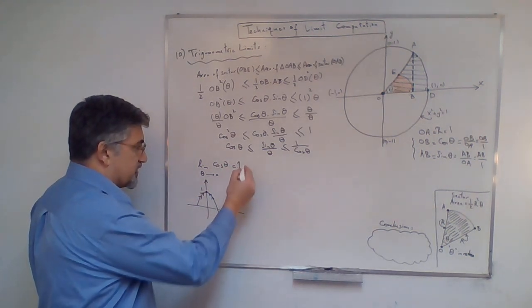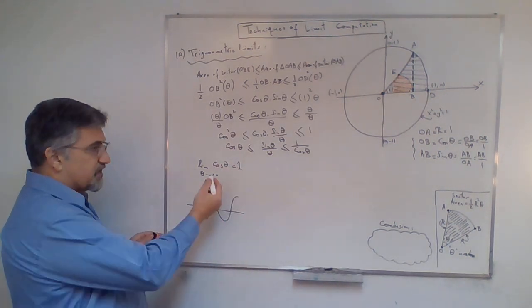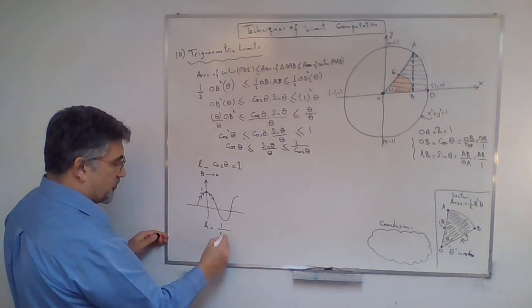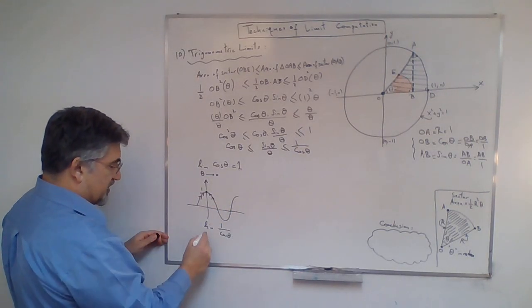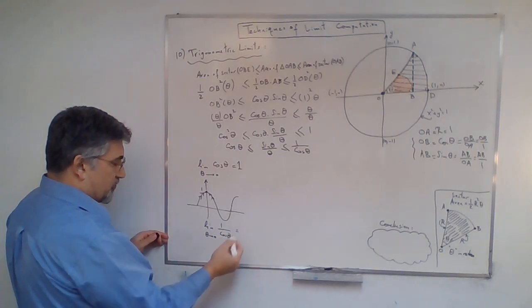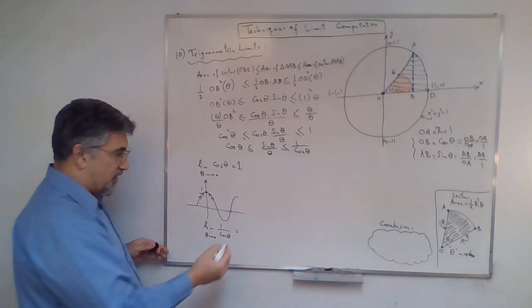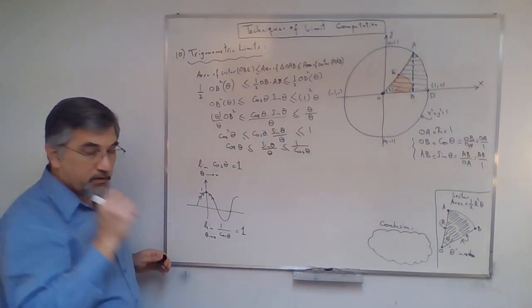So this is a fact. And for the same reason, if I take the limit of 1 over cos theta on the right-hand side when theta approaches 0, because the denominator approaches 1, then 1 over 1 approaches 1. So again, the limit is 1.